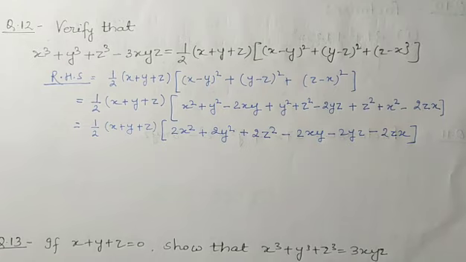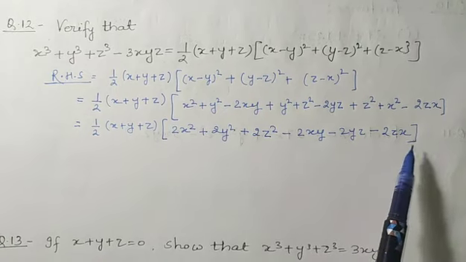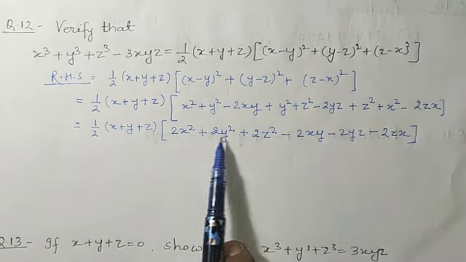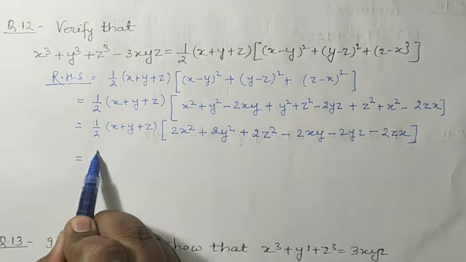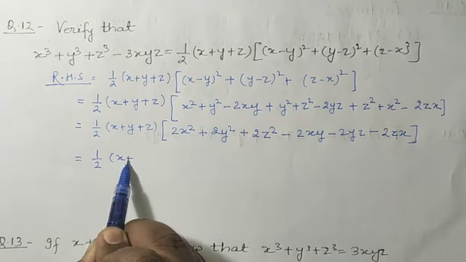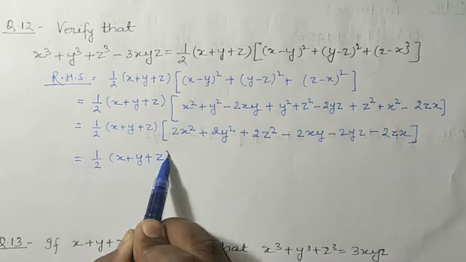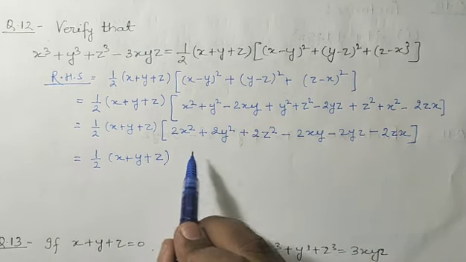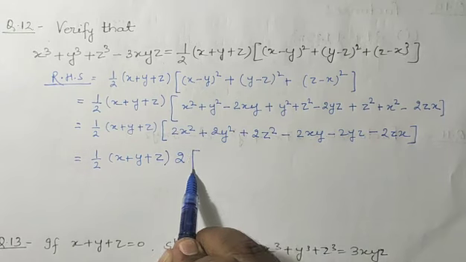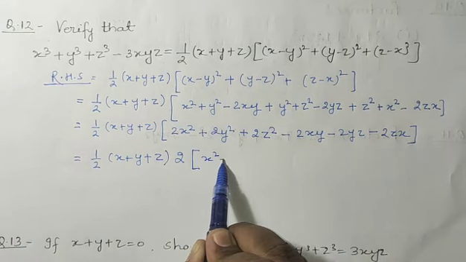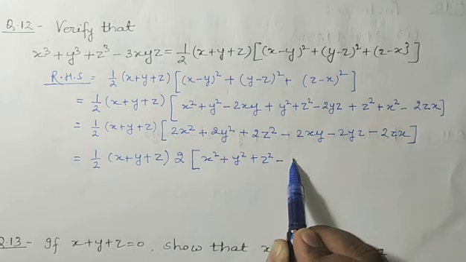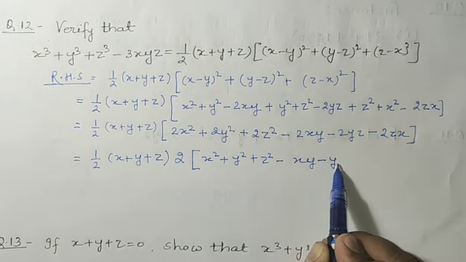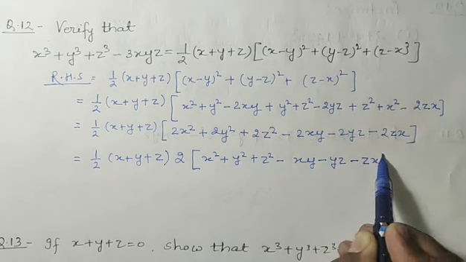Okay students, now see, if you will see this bracket, everywhere 2 is common there, so you can take it common now. So just take it common, half x plus y plus z. Just take 2 common from this bracket. So if you will take 2 as common, so what is left? X square plus y square plus z square minus xy minus yz minus zx.